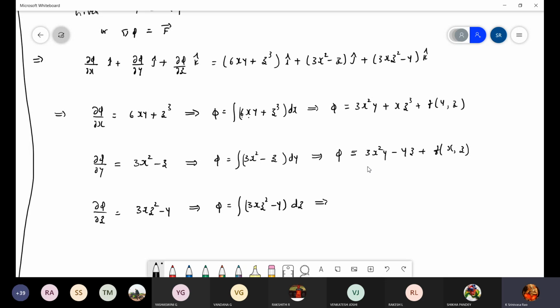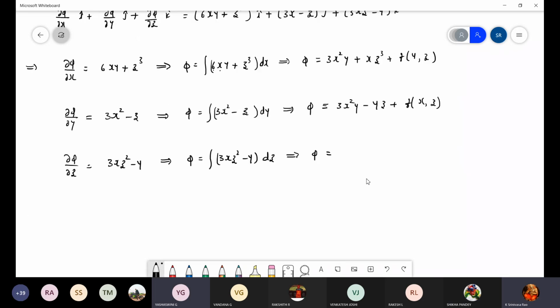That implies phi equals xz cube minus yz plus f of x comma y. Right. Good. Now your part is choosing such that you should get a unique phi. f of y comma z, f of x comma z, and f of x comma y.